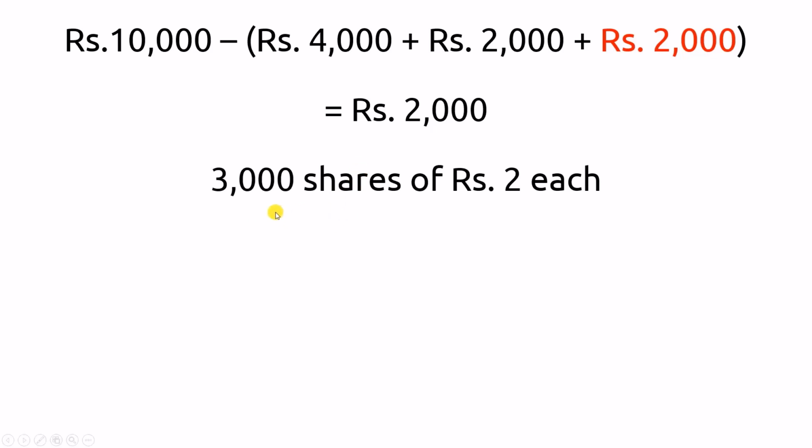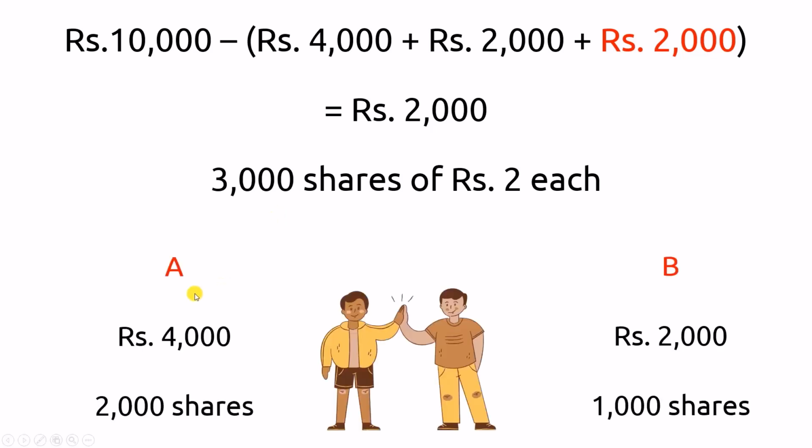Alright, instead of 4,000 they split it into 3,000, and promoter A keeps 2,000 shares and person B keeps 1,000 shares. So 2,000 plus 1,000 is 3,000. So the entire equity is owned by the promoters now, or 100% of the shares is owned by these two promoters.